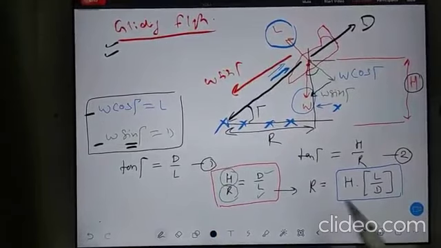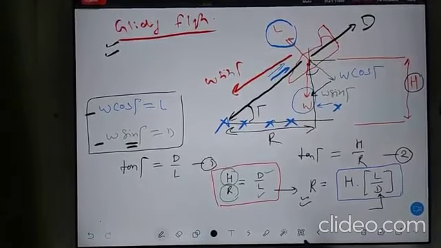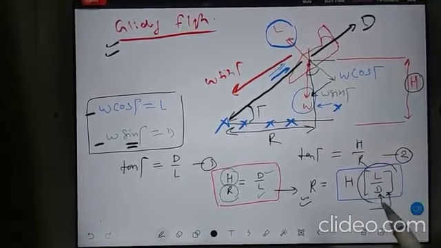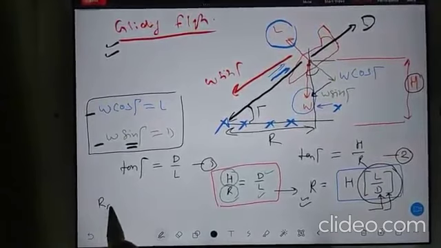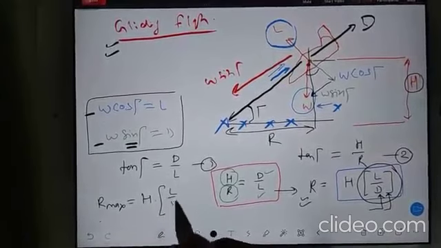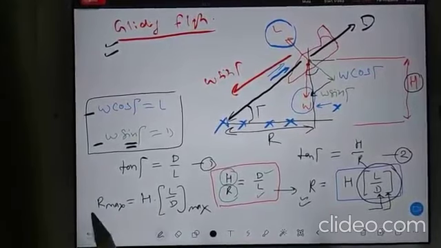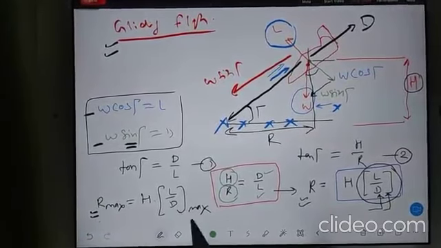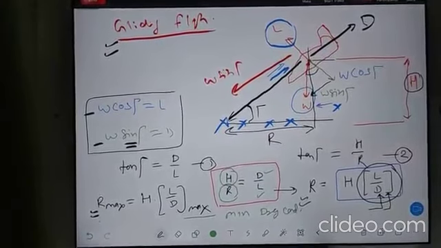It is clearly seen that to achieve R max, your drag should be minimum. And if drag is minimum, then only this L by D will give you the maximum value. So your R max is nothing but h into L by D. When this is maximum, then only R will be maximum. It means this is the minimum drag condition. Copy down.